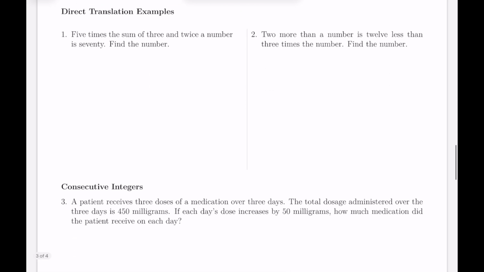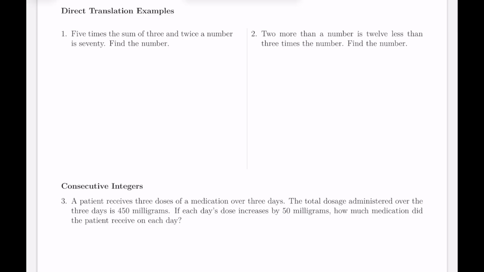Okay. All right, let's try to use some of these tactics to translate some problems and solve. So, 5 times the sum of 3 and twice a number is 70. Find the number.